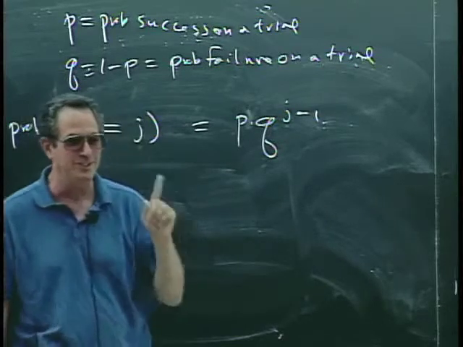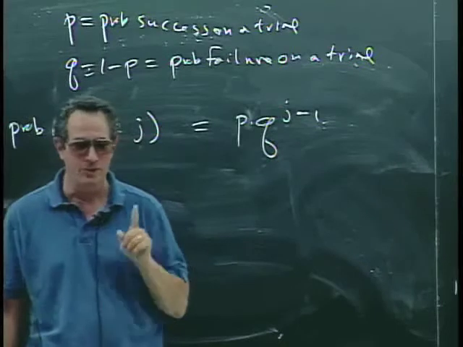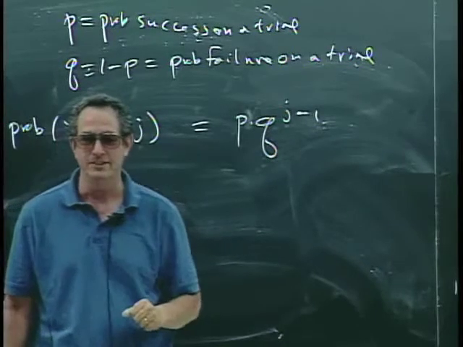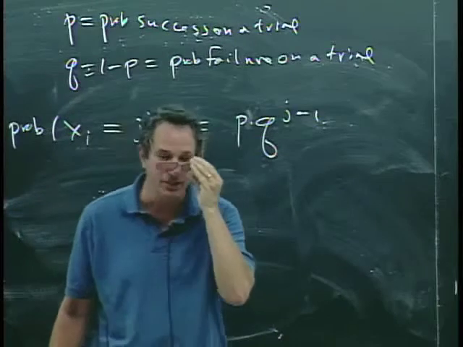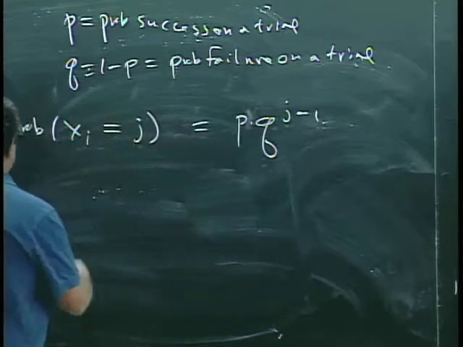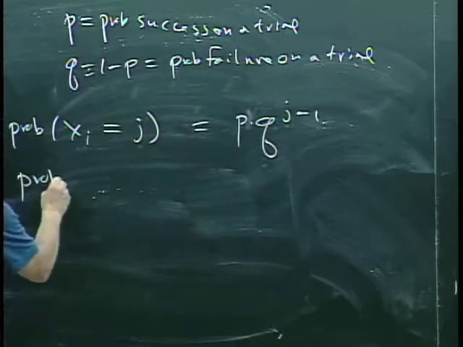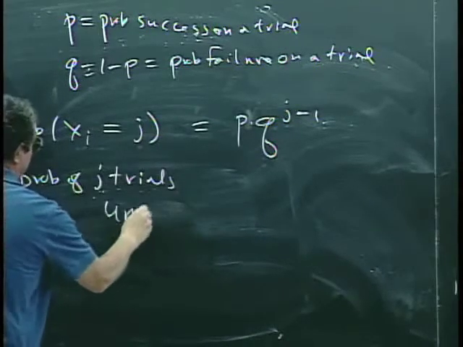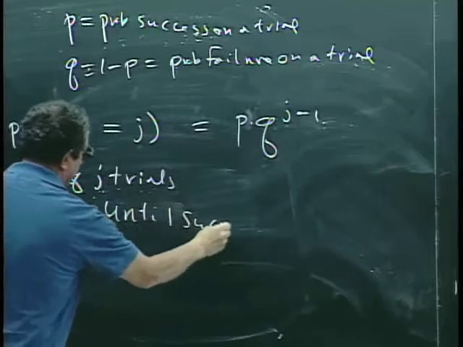J trials before success or j trials until success? Until, thank you. So this is the probability of j trials until success.